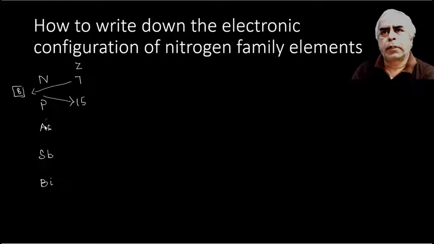Then from phosphorus to arsenic. Now it is in this group, is it not, nitrogen group? So it is in the third row. Arsenic is in the third row. So it has to come across, again, P block, S block, then D block in this case. So we have to add 18 here. Why?